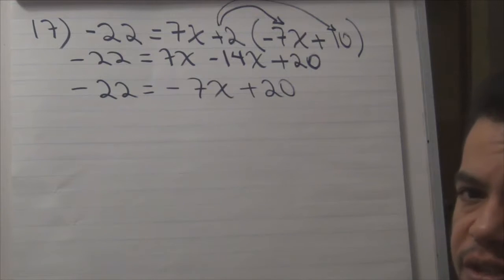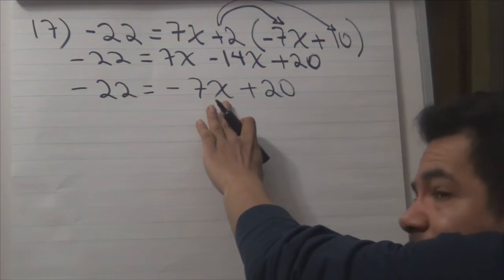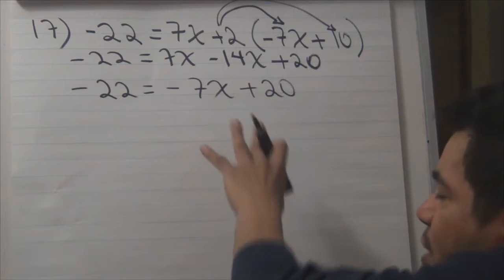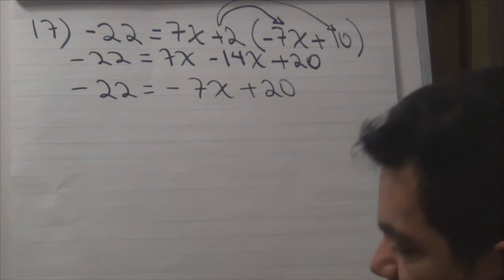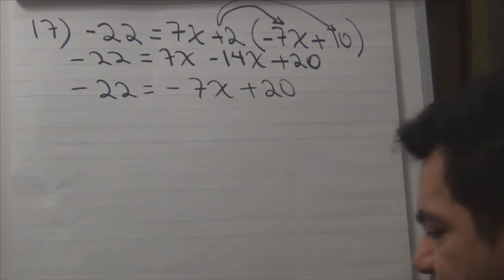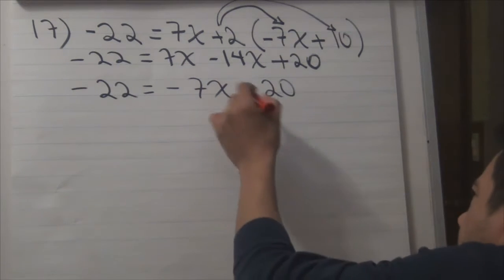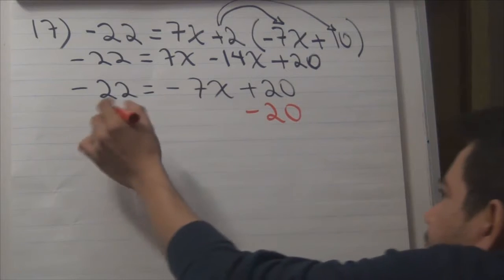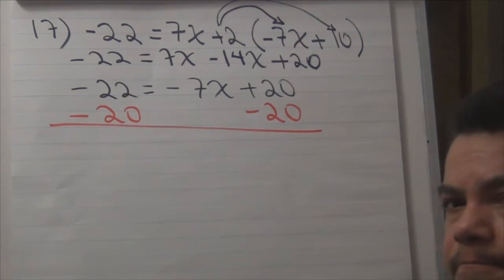So what is the additive inverse of what? On the side that the variable is, what is that number that is adding or subtracting? Right, it's the 20. So then I'm going to use the additive inverse of the 20.